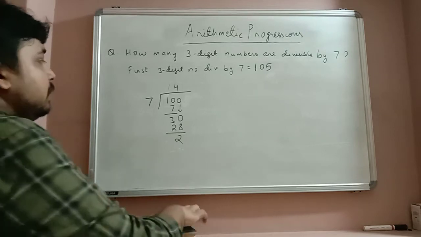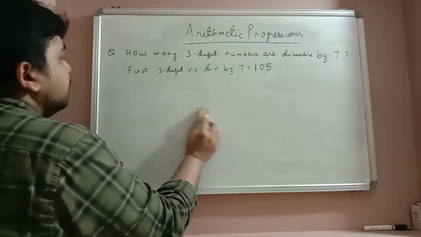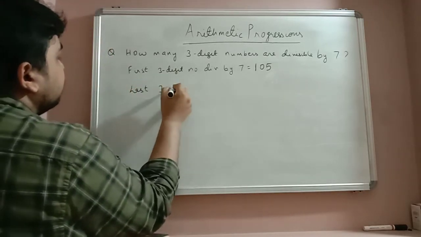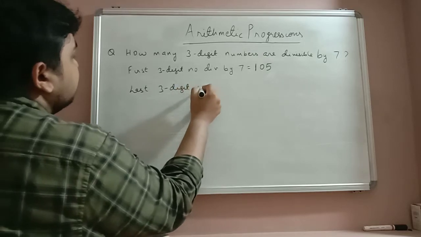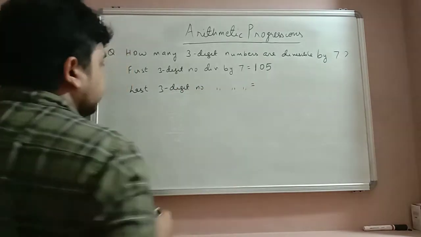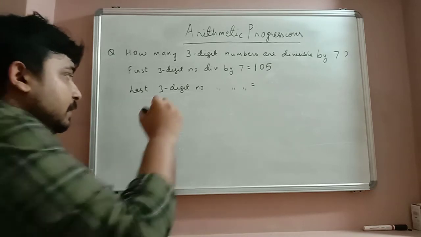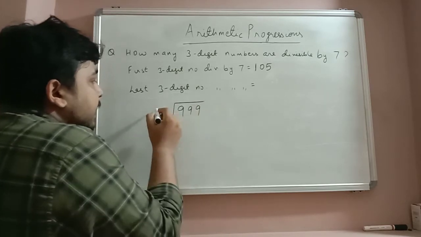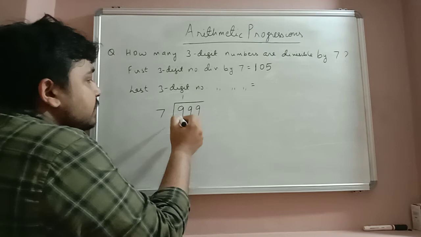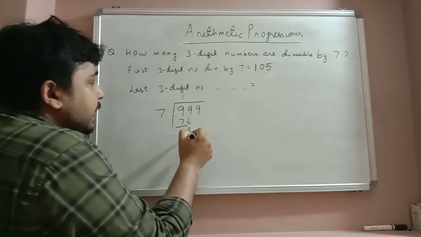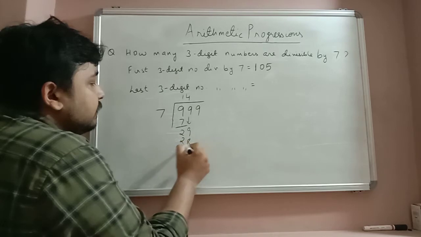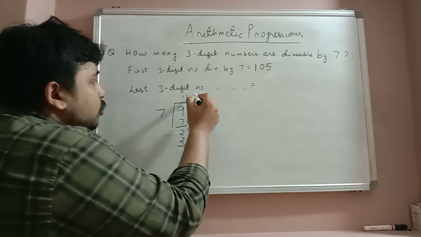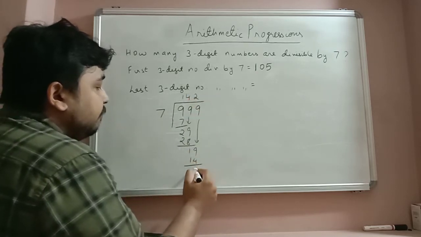Alright, now let's find the largest, or last, 3-digit number divisible by 7. For that we take the largest 3-digit number, 999, and divide it by 7. 7 1s are 7, 2 carry down 9, 7 4s are 28, 1 is left, 19, 7 2s are 14, and we are left with 5.